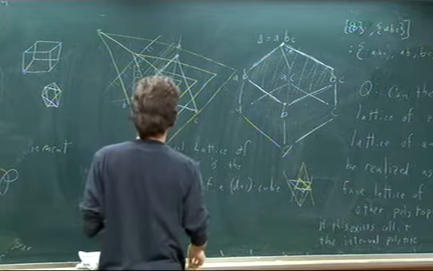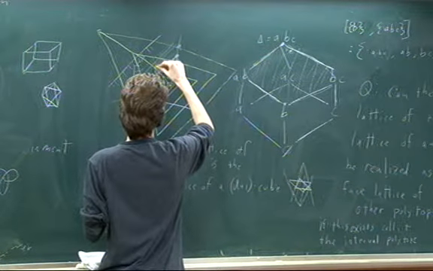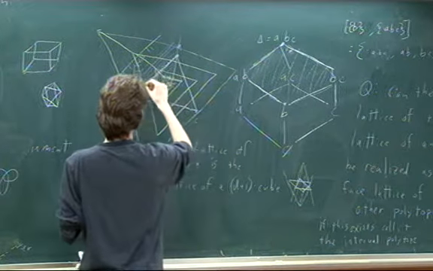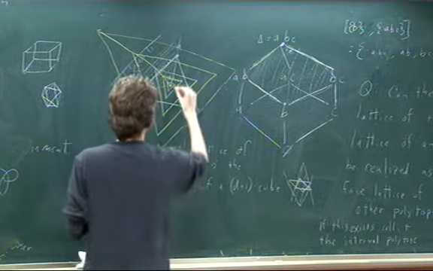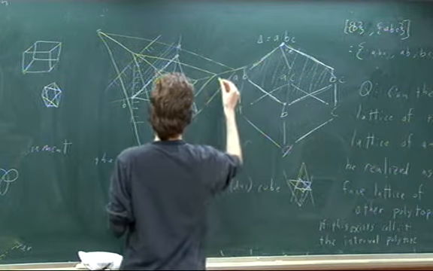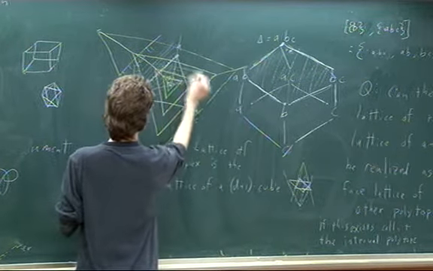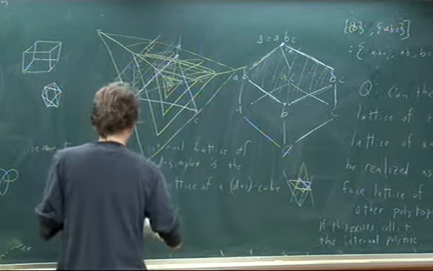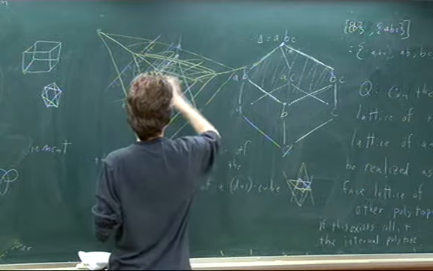But if I look at, say, this face and the yellow face, then I get this yellow region like this, and I get this white region like this.